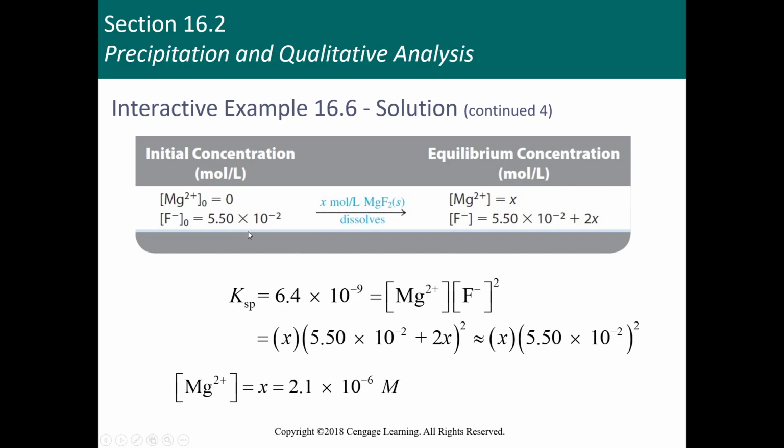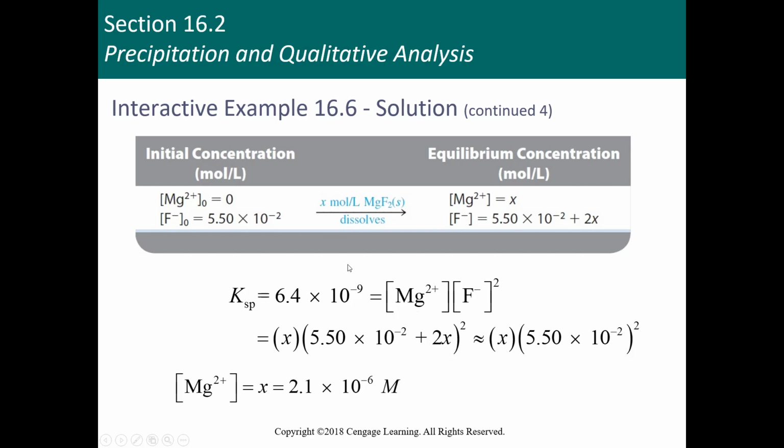The F minus starts with this concentration that we left behind, that excess F minus. The equilibrium concentration, therefore, is going to be whatever we make for the Mg2 plus. The F minus will be the initial plus 2 times what we make of the Mg2 plus. Because again, for every 1 Mg2 plus you make 2 F minuses.